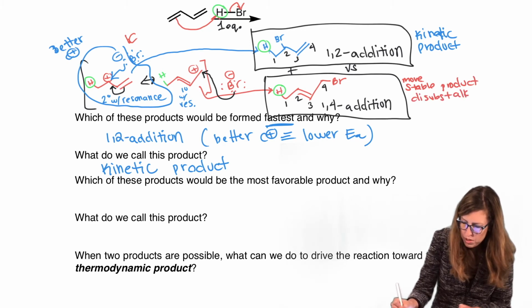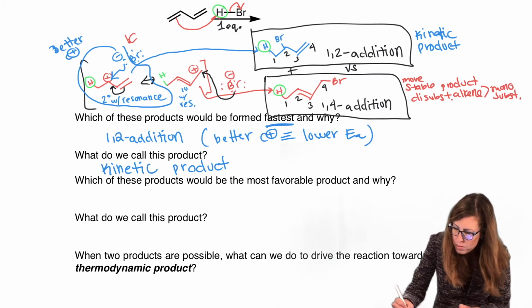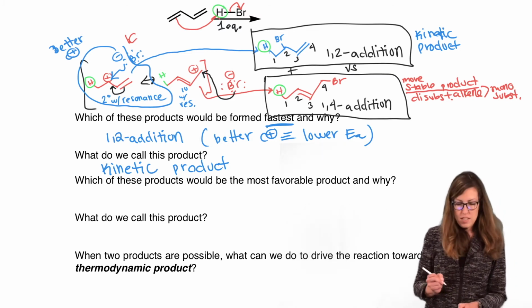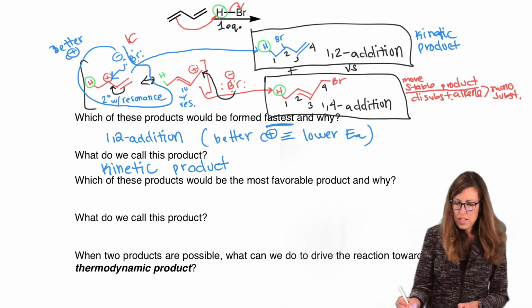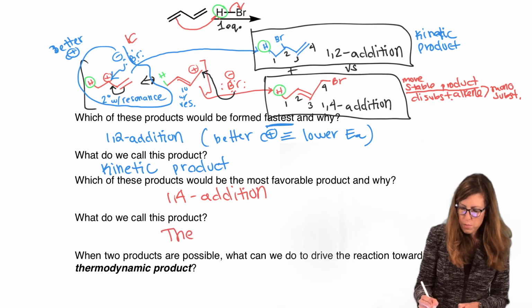So a disubstituted alkene is better than a monosubstituted. I'll just abbreviate substituted with S-U-B-S-T. I do that a lot because it's common and we're using it a lot. The more stable product is this one that I just labeled, the 1,4 product. So I'm doing that in red. So we call the more stable one the thermodynamic product.